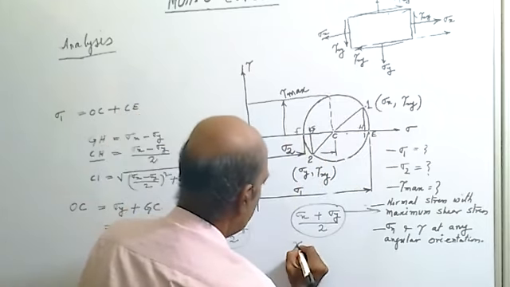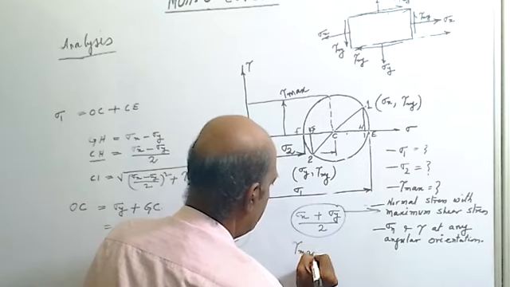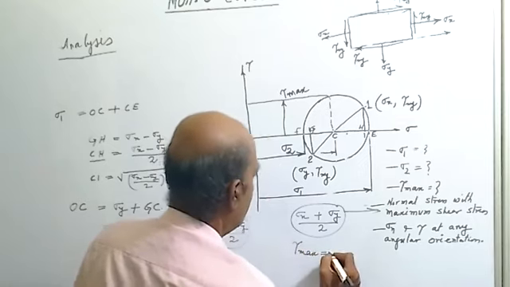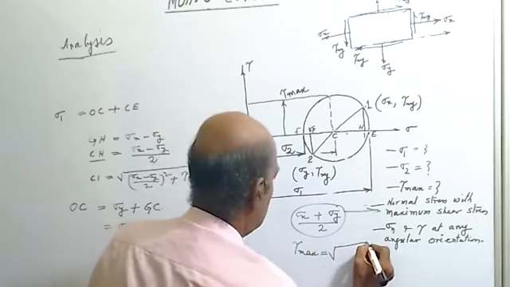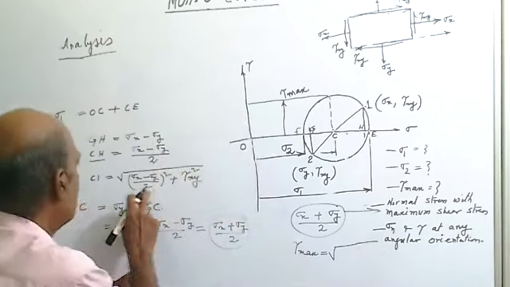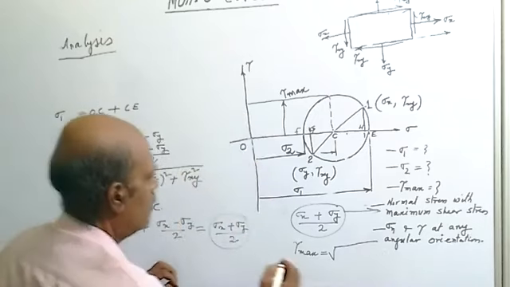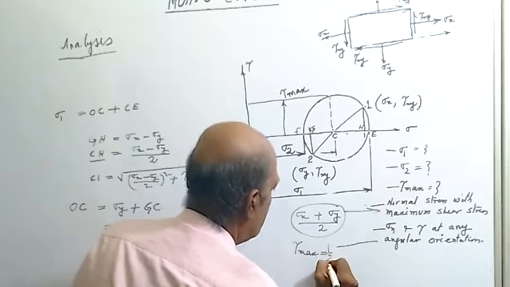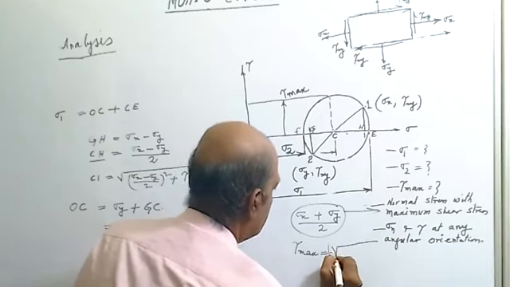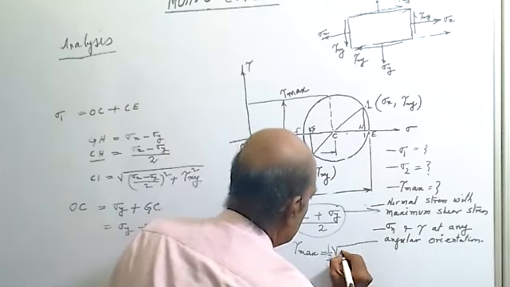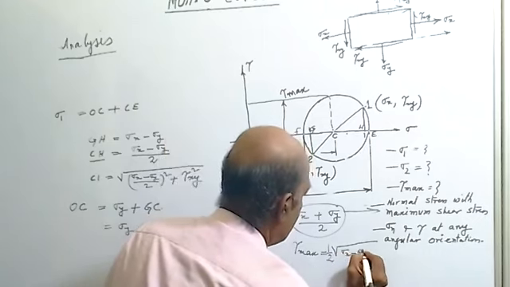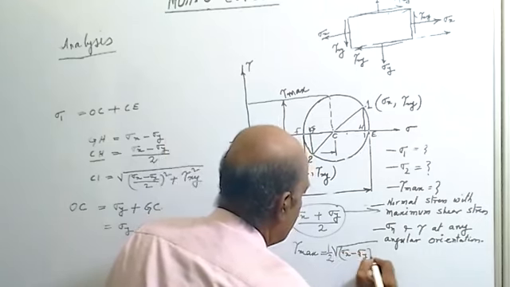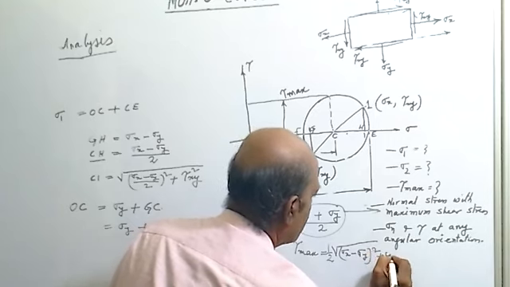So tau max we can give by root over of, if we take out half here, we can write half square root of sigma x minus sigma y whole square plus 4 tau square xy.